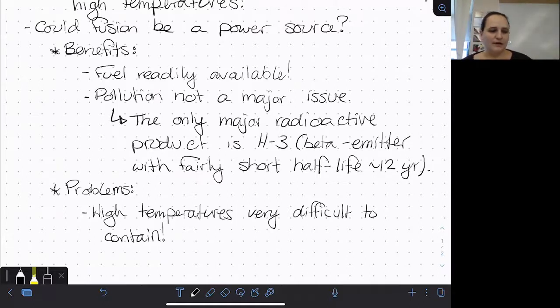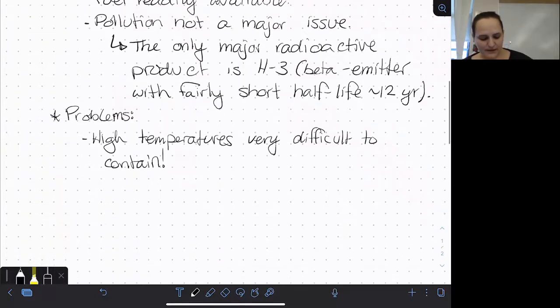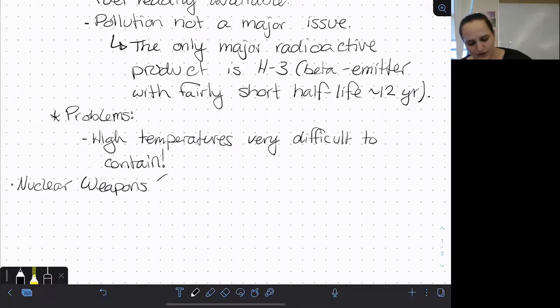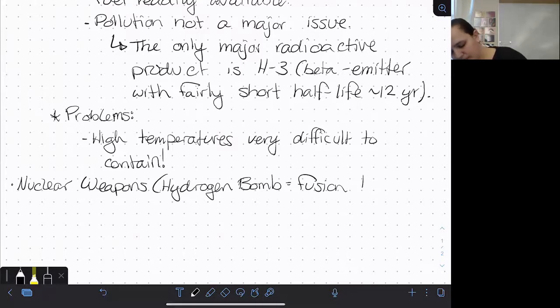The only actual application of fusion that has been seen on Earth thus far is once again in war, nuclear weapons, specifically the hydrogen bomb. So we mentioned yesterday that the atomic bomb or the atom bomb is a fission-based explosive where the chain reaction is just not controlled.